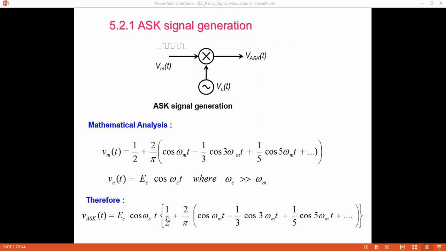So we have the carrier component and the double sideband components. The double sideband components are centered around FC plus minus FM, then FC plus minus 3 FM, FC plus minus 5 FM.